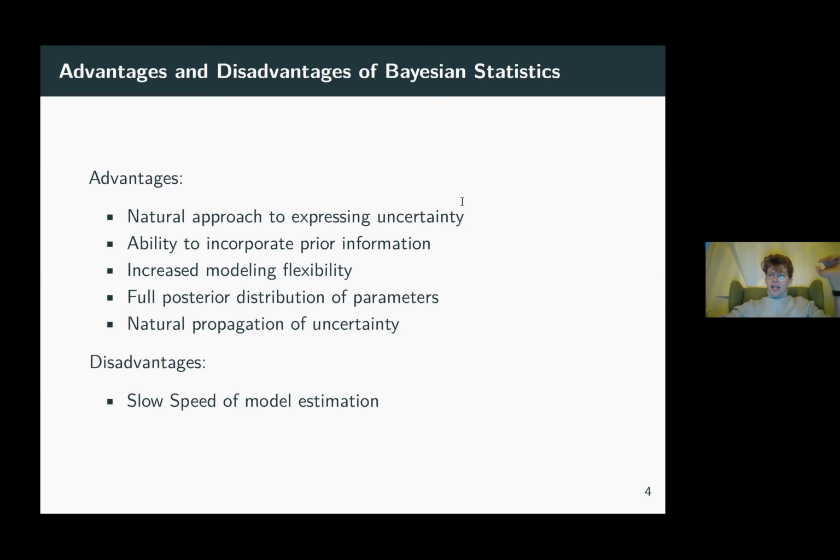And I think the last point is perhaps one of the nicest ones, that we have a natural propagation of uncertainty. That is, if we are interested in a quantity that can be computed based on our parameters, we can take the posterior distribution of the parameters to obtain the posterior distribution of whatever quantity we're interested in.